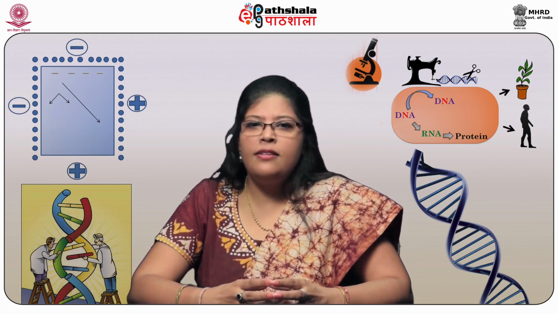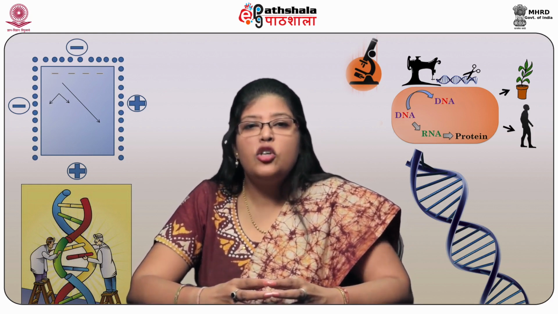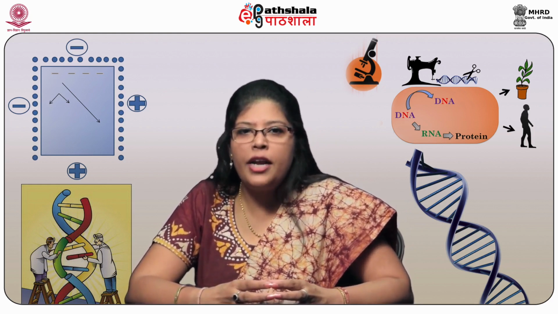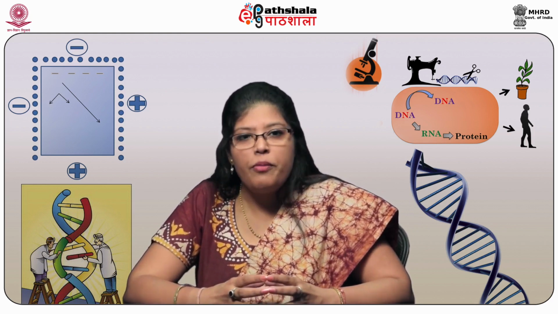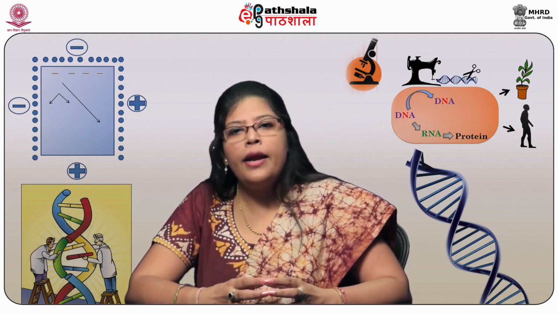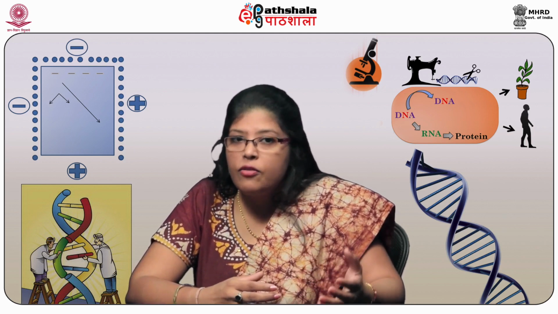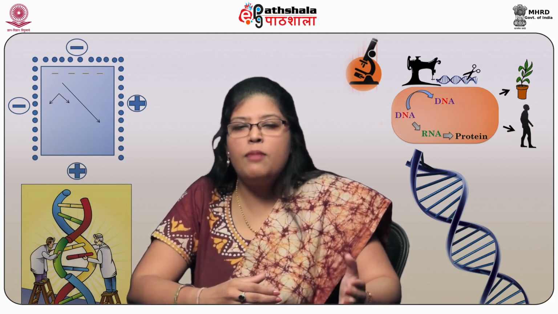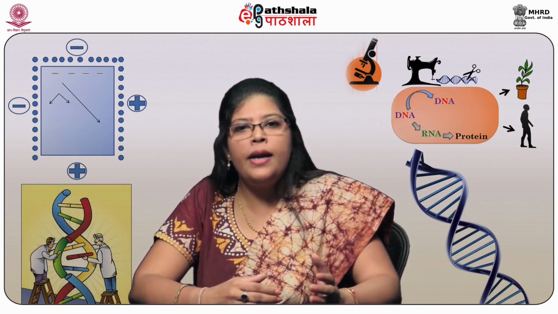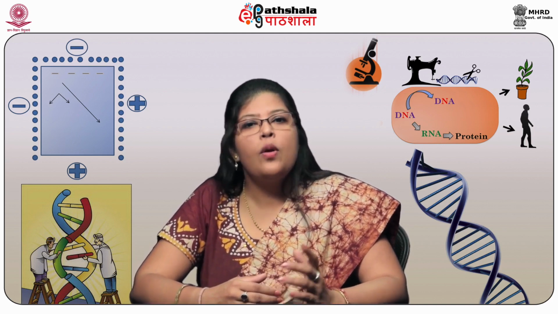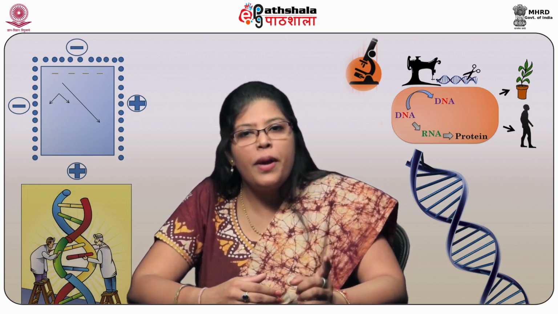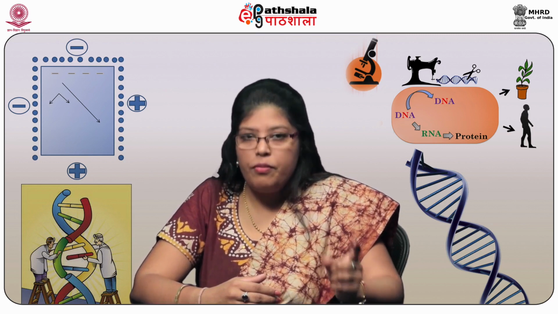The DNA primase synthesizes a short stretch of RNA primer, thus forming a chimeric RNA-DNA complex. In other words, DNA primase happens to be a DNA-dependent RNA polymerase, which provides the 3' hydroxyl group.